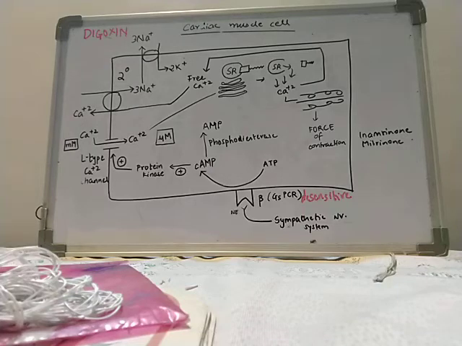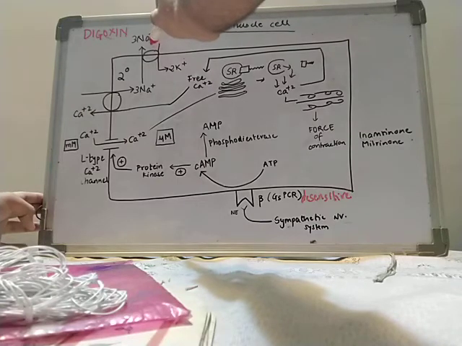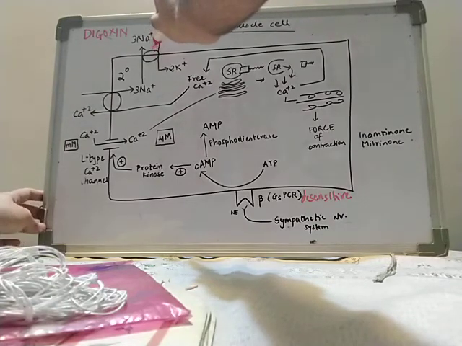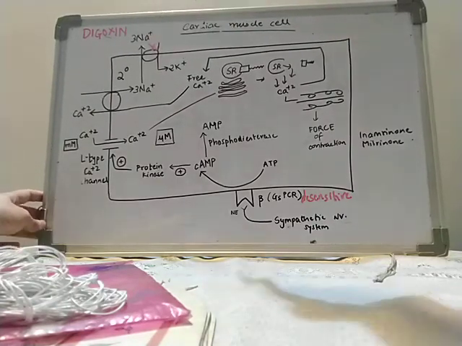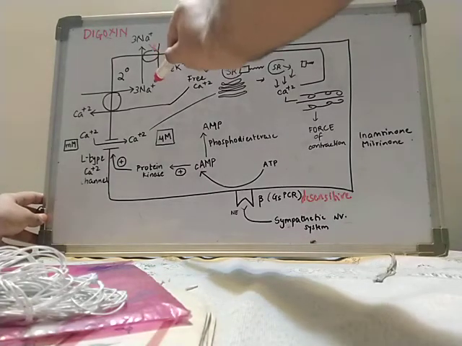Digoxin binds to the sodium potassium ATPase pump at the site where potassium is entering inside. Digoxin binds here, which will lead to increase in intracellular sodium.